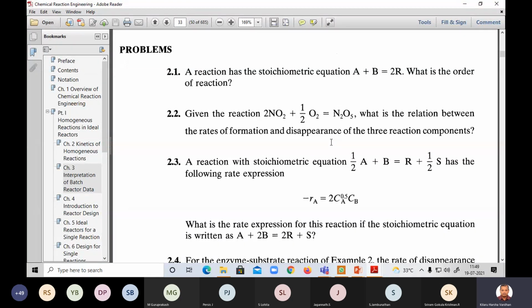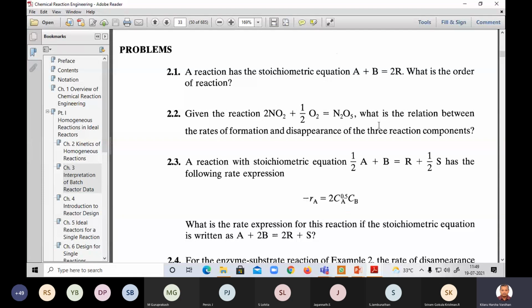The relation is: minus r_NO2 divided by its stoichiometric coefficient equals minus r_O2 divided by its stoichiometric coefficient equals r_N2O5 divided by its stoichiometric coefficient. That is the relationship between the rates of appearance and disappearance.